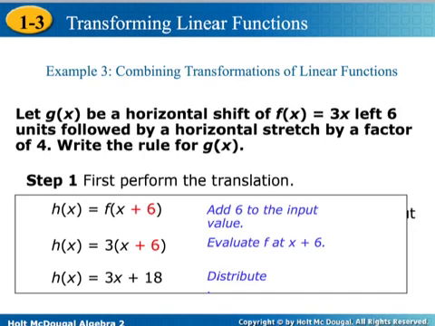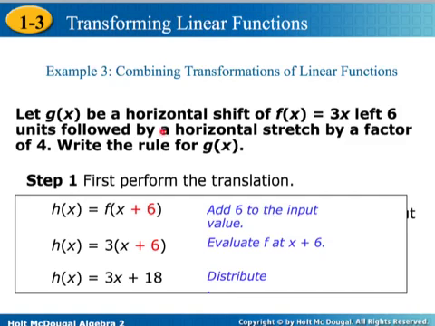Okay, so g of x is the horizontal shift of f of x equals 3x. Left 6 units, so that means we're adding 6 to it. And so our temporary function, they're using h of x. Okay?